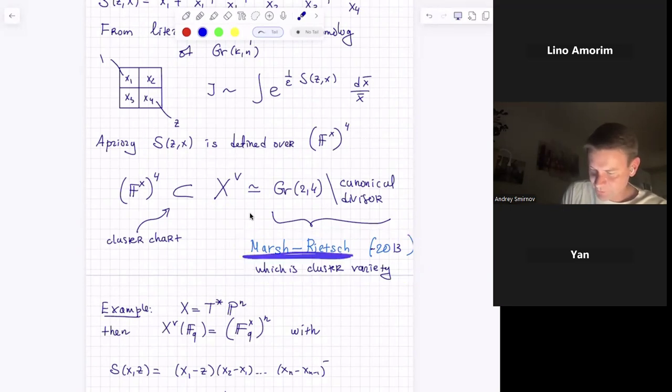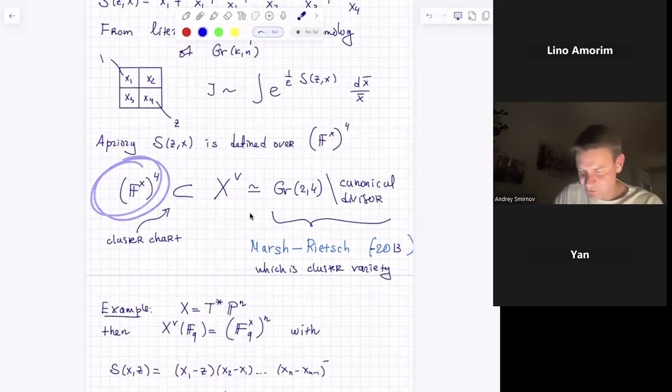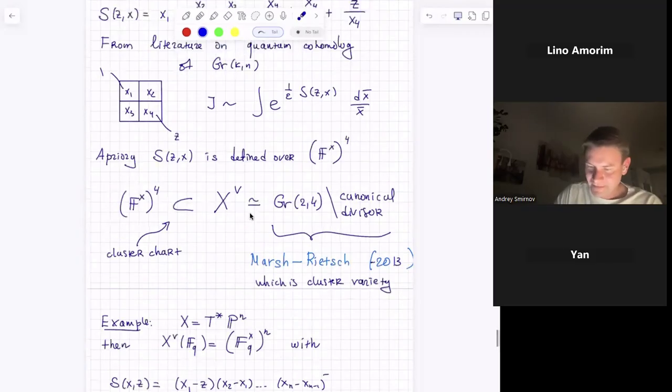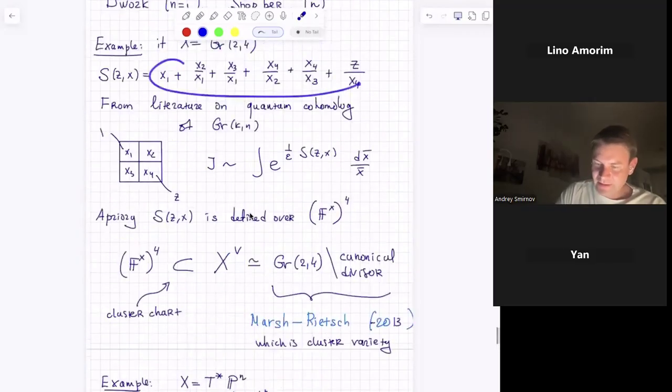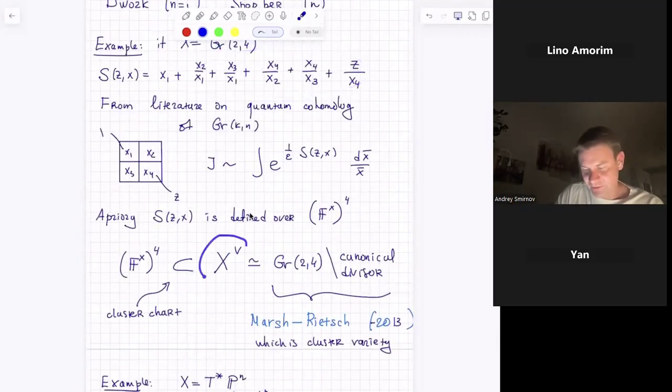It appeared in the work of Marsh-Rietsch, and there is an interesting story about it. It's an example of a cluster variety, and this is one of the cluster charts in it. But the point is that it's bigger than this four-dimensional torus, and this superpotential extends to a well-defined function here.